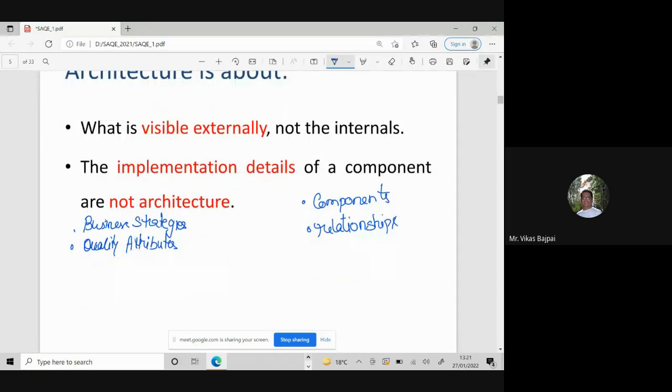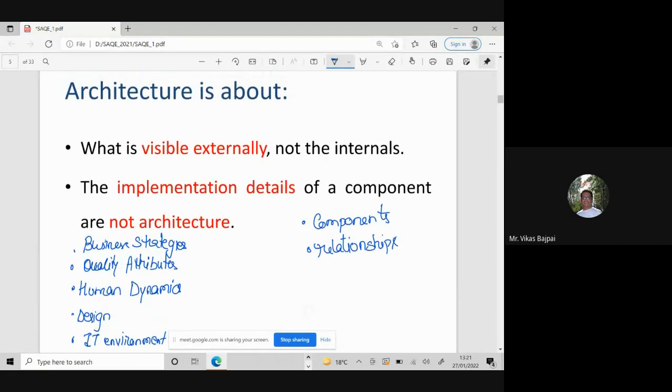It will have human dynamics. It will have design. It will also have the IT environment in which my to-be-developed application is going to run.